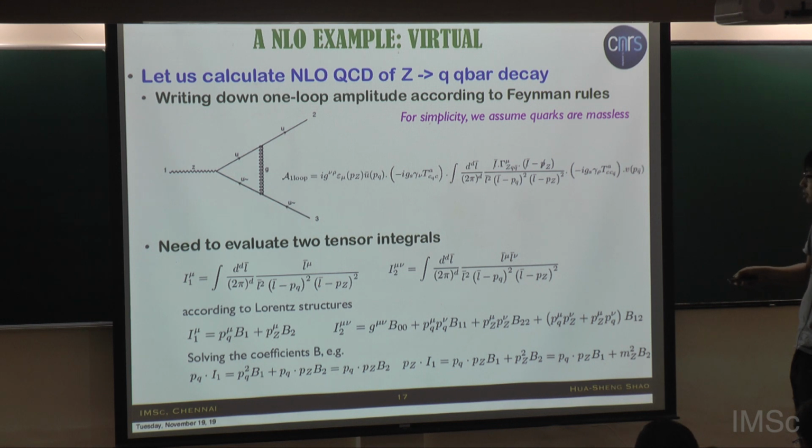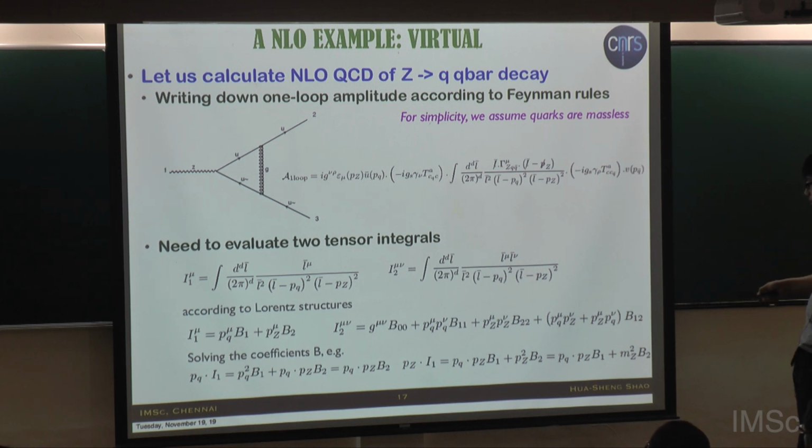These two tensor integrals I can split into Lorentz structures because of Lorentz invariance. The only vectors entering my integrals are p_q and p_z, right? So I can decompose it in terms of p_q and p_z, and this one has two Lorentz structures because you also have the metric that always enters.